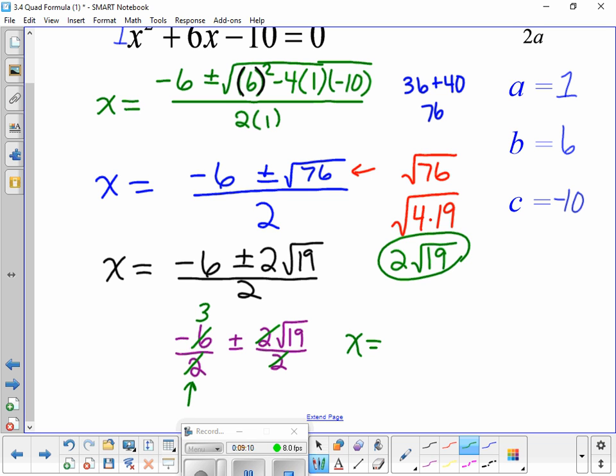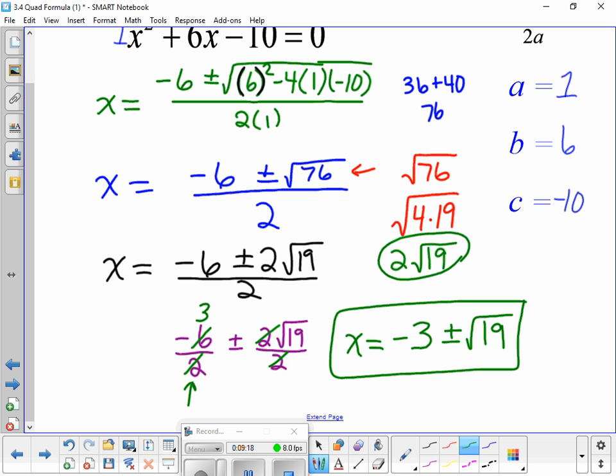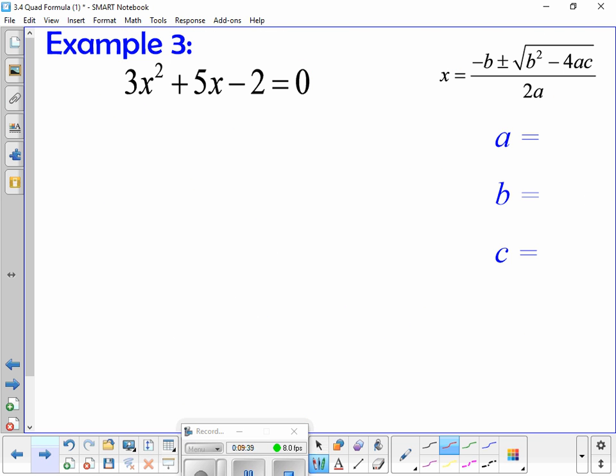So that means x is equal to negative 3 plus or minus root 19. And there's my two solutions. I don't always like to separate it this way, but I think on this example, separating it is probably the easiest because you can really see that that 6 over 2 is a 3, and you can really see that those two would reduce. In a minute, we'll look at some other ways of thinking about those.